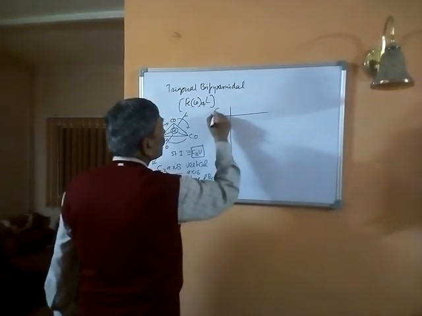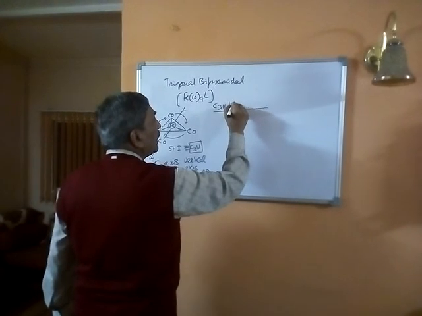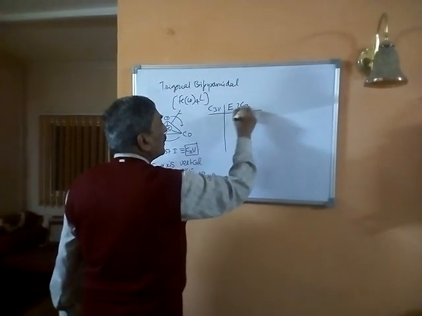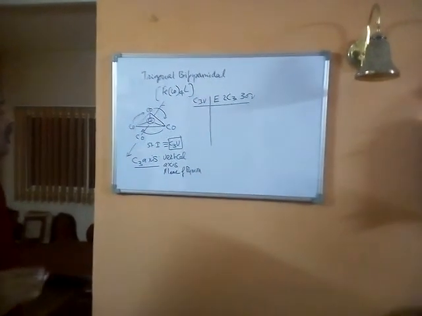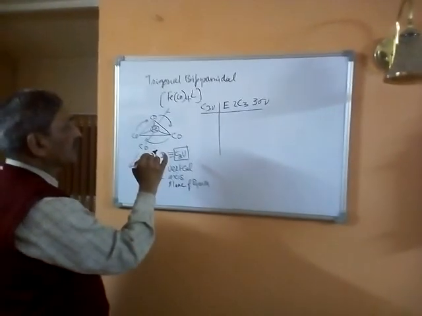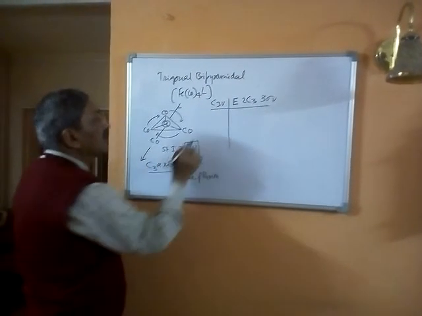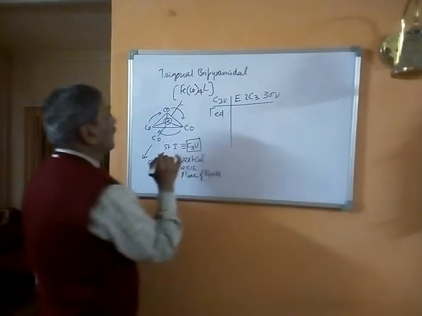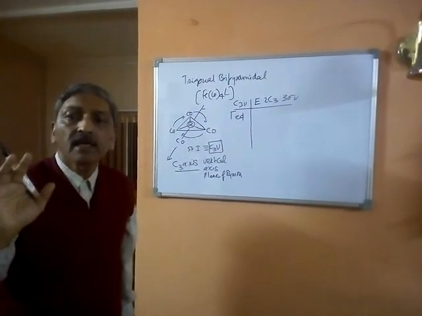In the C3V point group you have basically an identity operation, a C3 operation and a sigma V operation. Now if you use the identity operation on the C3V, you can see that in the equatorial plane there are 3 COs and they will remain where their positions were.